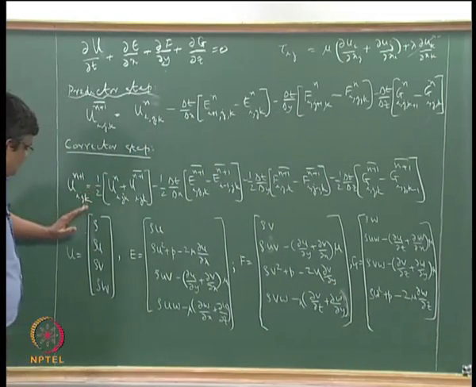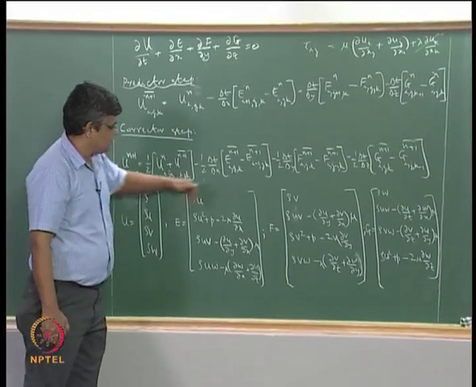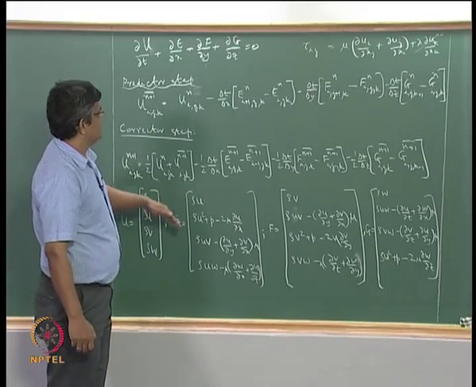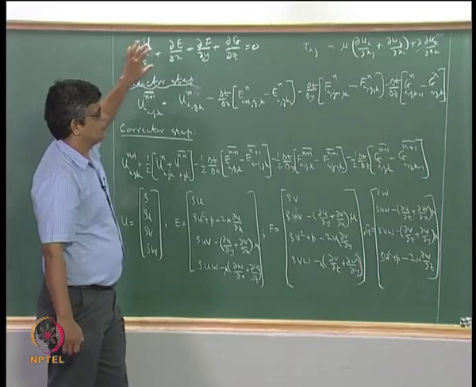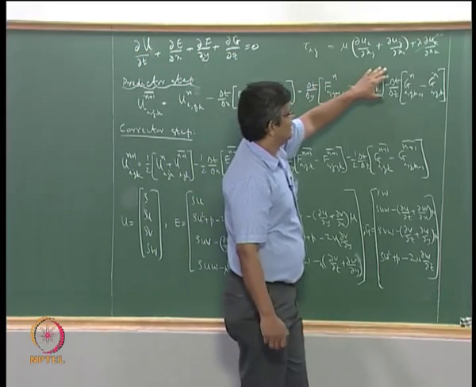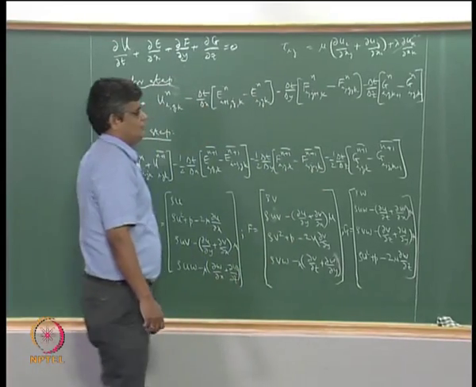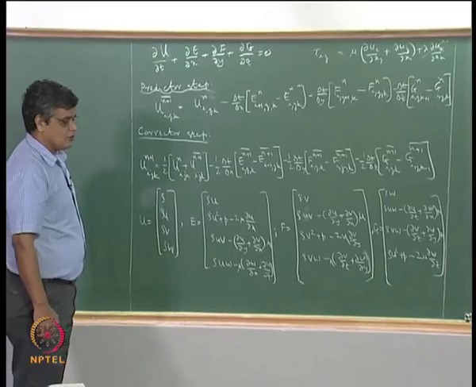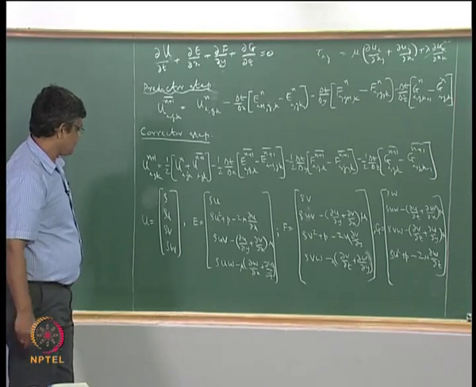So the elements which are appearing in this U, E, F and G, when put together in this form, will give us the Navier-Stokes equations for a Newtonian fluid, in which the second coefficient of viscosity component has no contribution to make to the momentum equations.